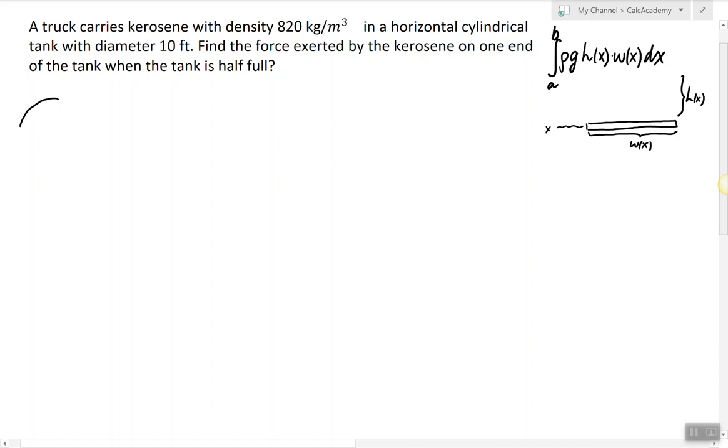In our case we have a cylindrical tank which is half full.